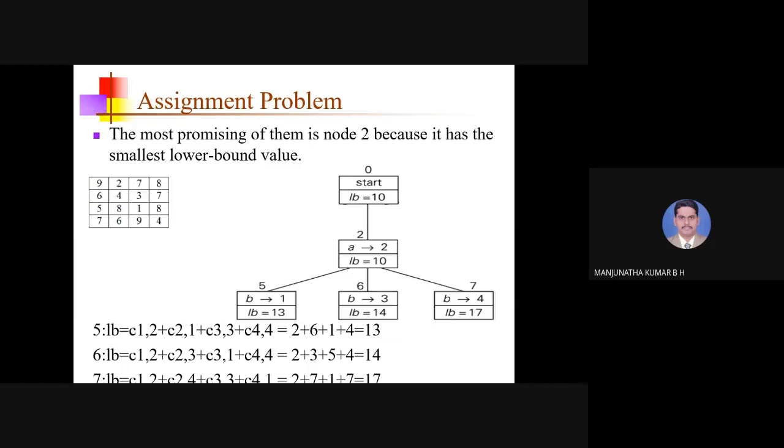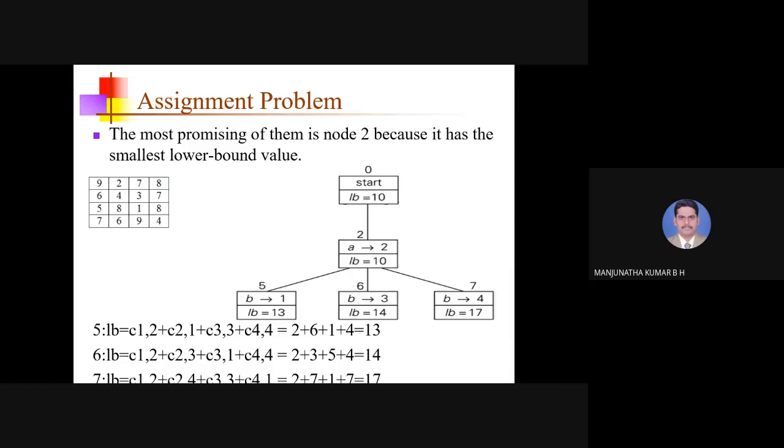So nodes 5, 6, 7 are explored when I try to explore node 2. Okay, cost is 13, 14, 17. Among these three, which one is best? Node 5 is best because cost of node 5 is 13, which is minimum compared to 14 and 17. Now in the next slide, I am going to explore node 5.